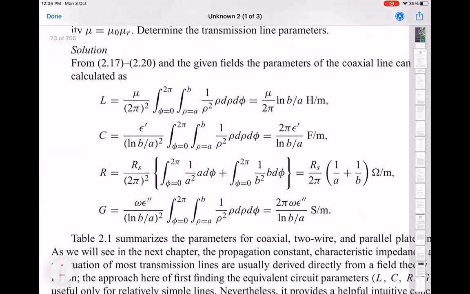So now let's just get this. The resistance and G is not so important, but you see that B over A always enters as a ratio. Right? It doesn't even matter what B absolutely is, or what A absolutely is.